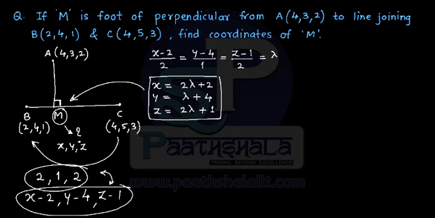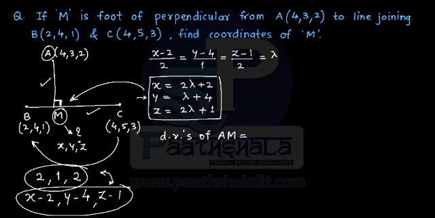Now we have to use the condition of perpendicularity, and we have seen that the two lines are perpendicular if a particular condition in their direction ratios or cosines is met. Right? Now BC direction ratios are known, and the direction ratios of AM also can be now found out, because we now know the coordinates of point A and point M. So let us write here direction ratios of AM are.